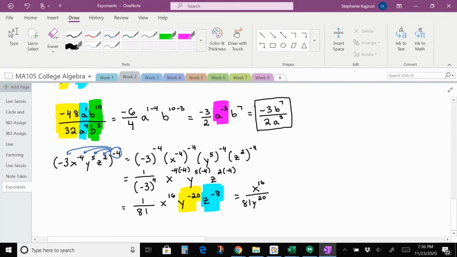And then z to the negative 8 becomes z to the positive 8 when that moves to the denominator. And that's usually the last step that you do. So that gives us x to the 16 over 81, y to the 20th, z to the 8th.